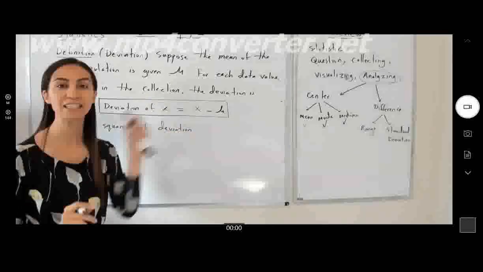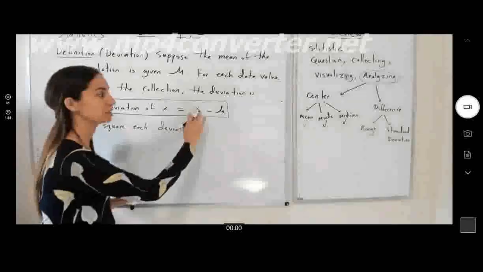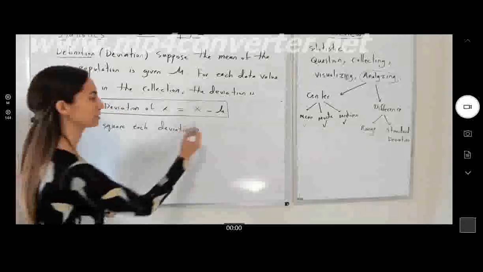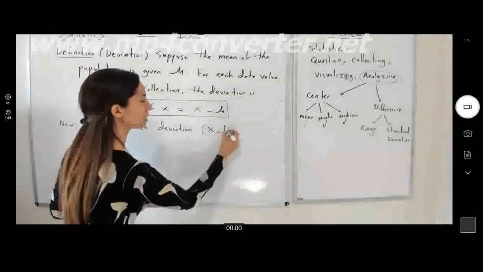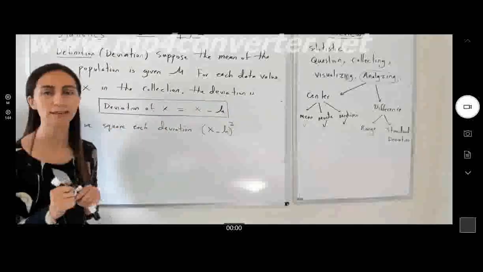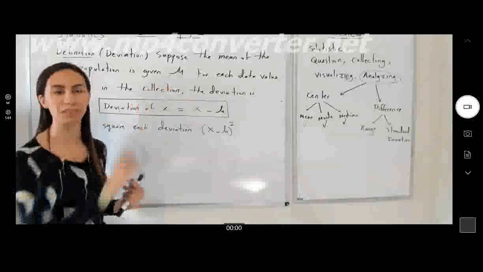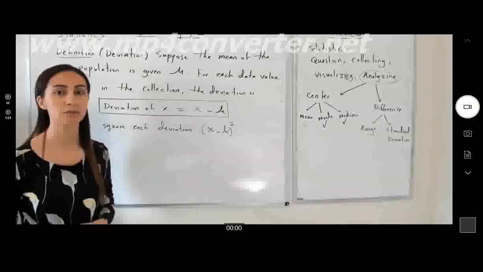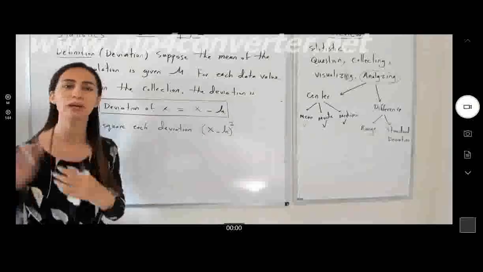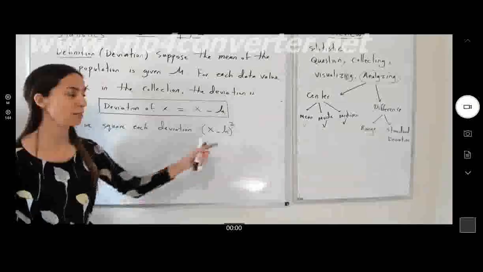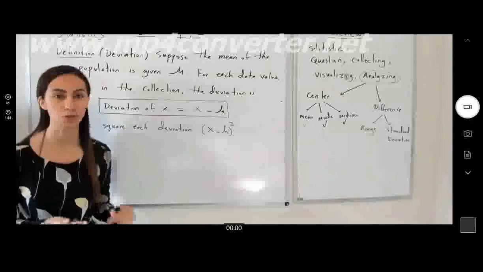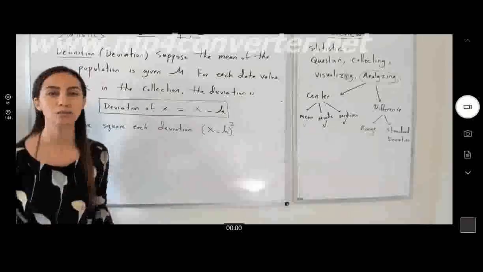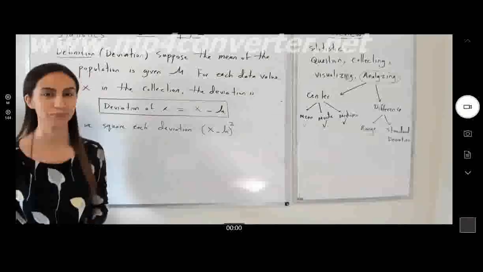So for each X value, you find the difference between that X, that number in the collection, and the mean, then you square it. So you get X minus mu squared. If X is 1, 1 minus the mean squared. If X is 2, 2 minus mu squared. If X is 3, 3 minus the mean squared, and so on. That depends on your collection and how many data you have in your collection. You have to repeat this process as many times as you have data in your collection.